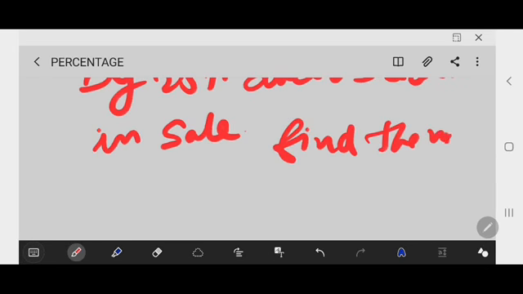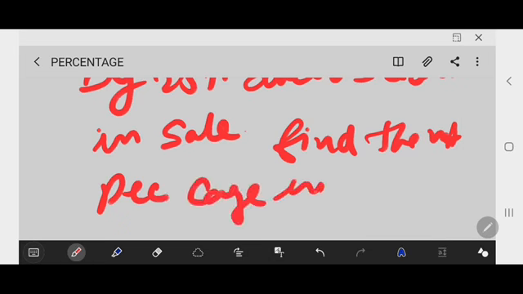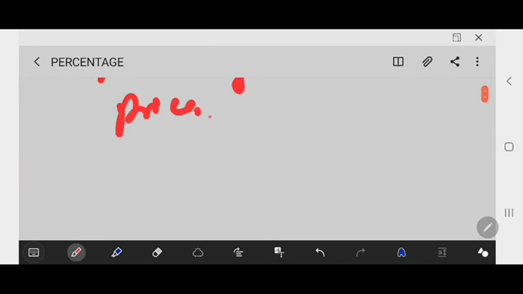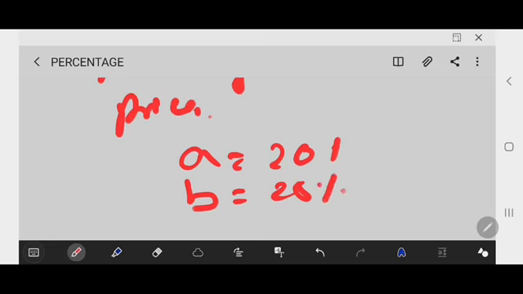Find the net percentage change in the final price. Okay, so A is equal to 20%, and B is equal to 25%.